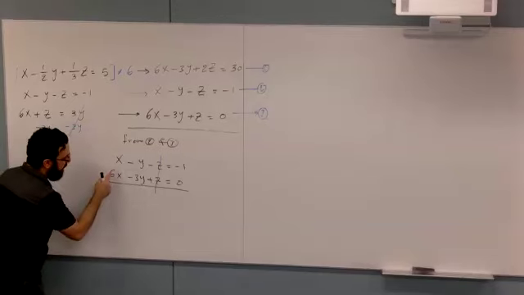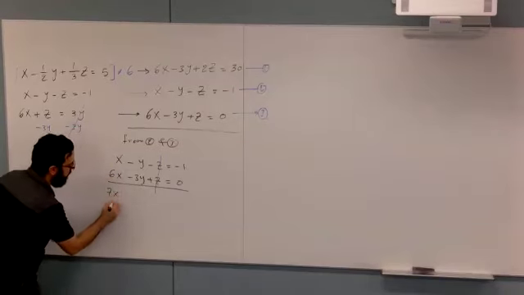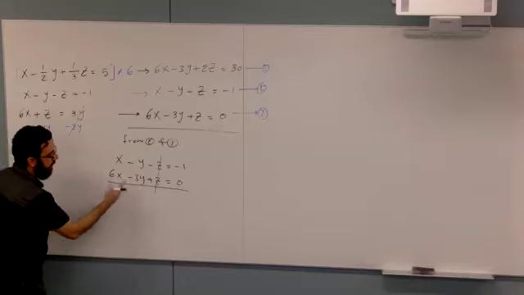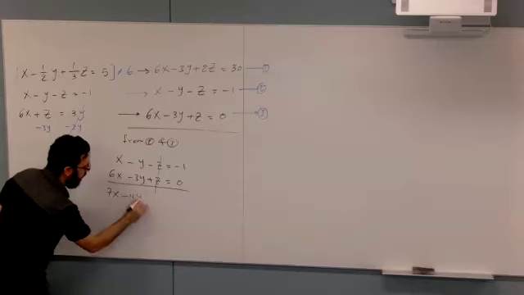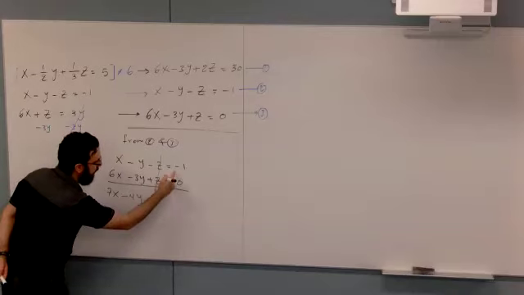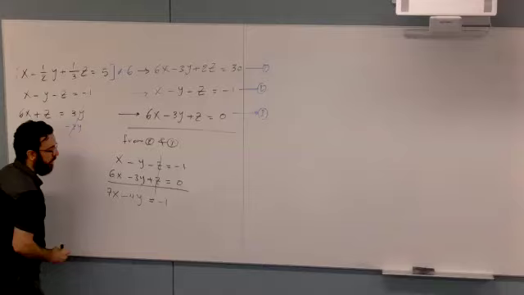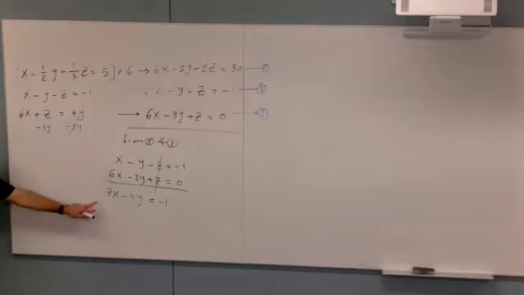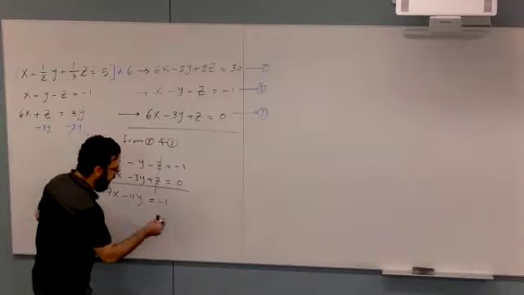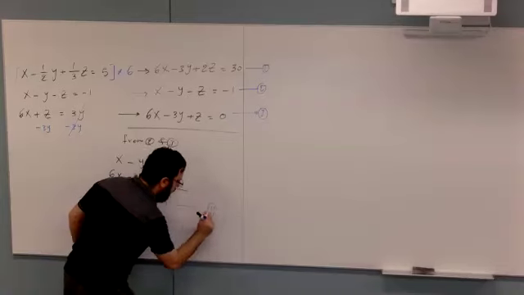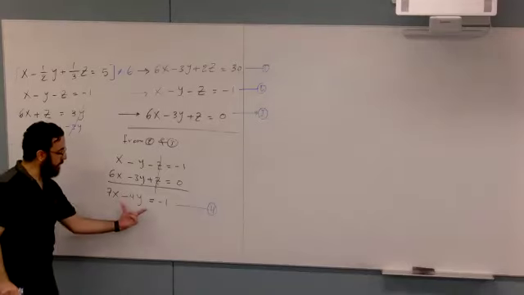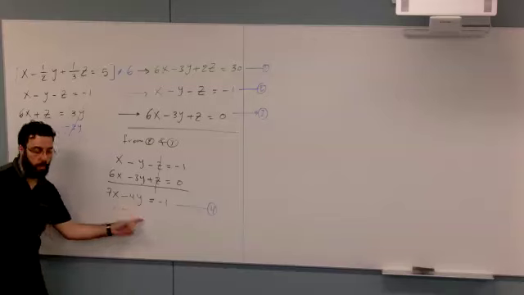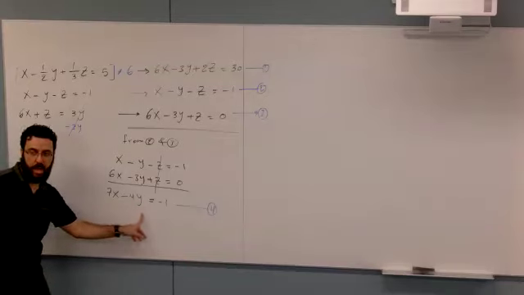Now what I have, x plus 6x is 7x, -y minus 3y is -4y, equal -1 plus 0. So I'm going to call this equation number 4. Is that okay so far? So I have a new equation, number 4, only x and y.